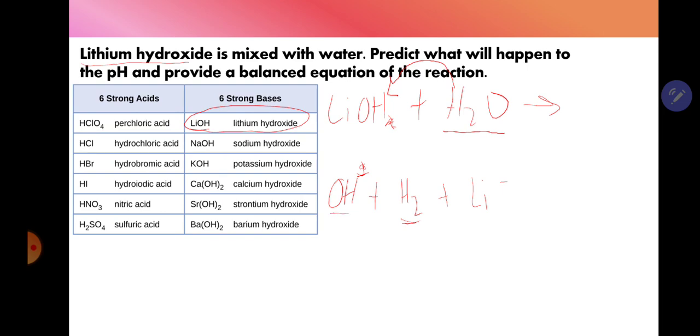But we still see an increase in these OH ions due to the water losing the hydrogens. And as we know, if we have lots of OH ions, our pH is very high, very, very basic, because we have very, very few hydrogen ions, because they all got taken up by the hydrogen gas.